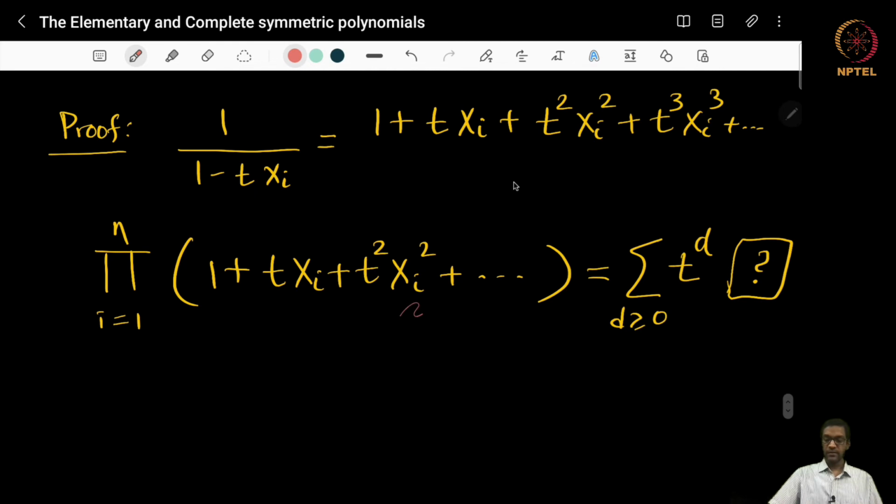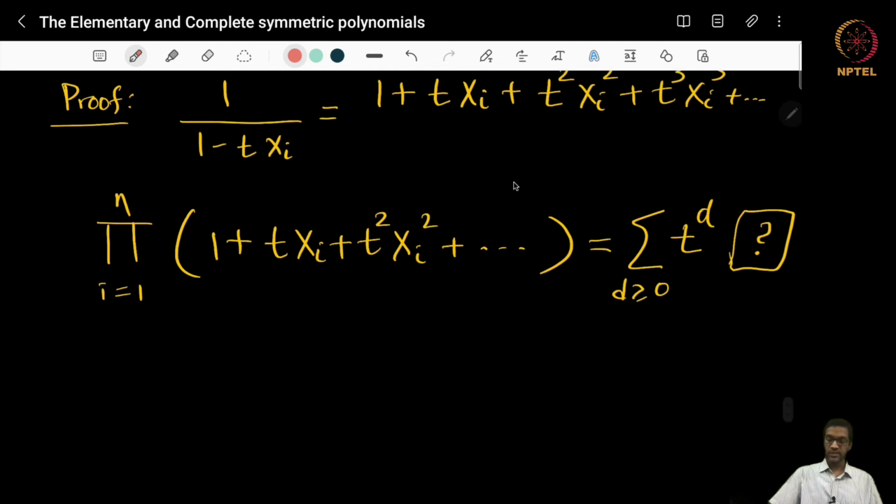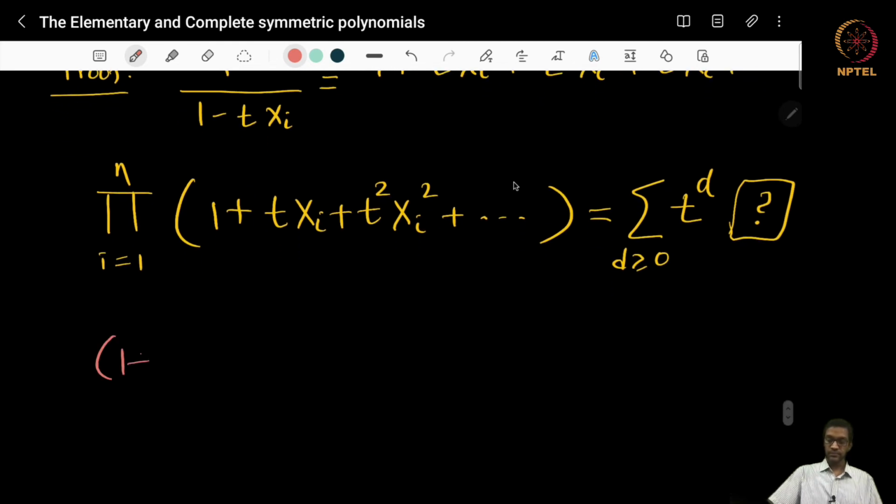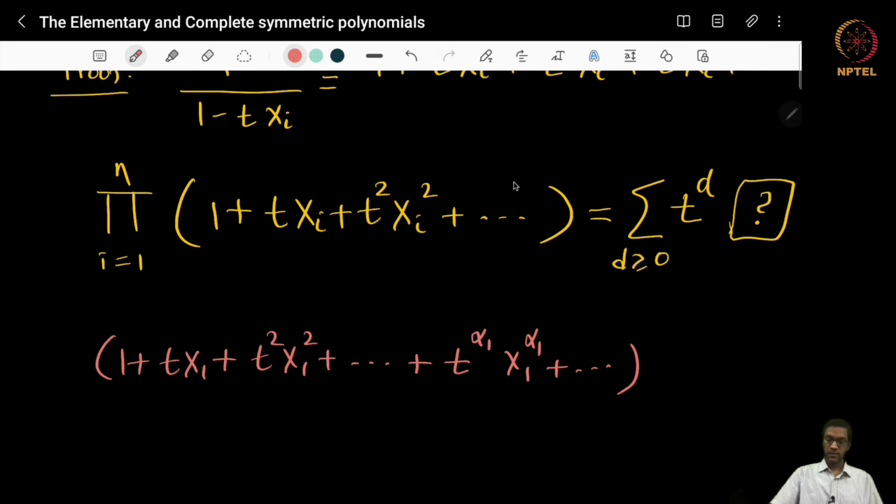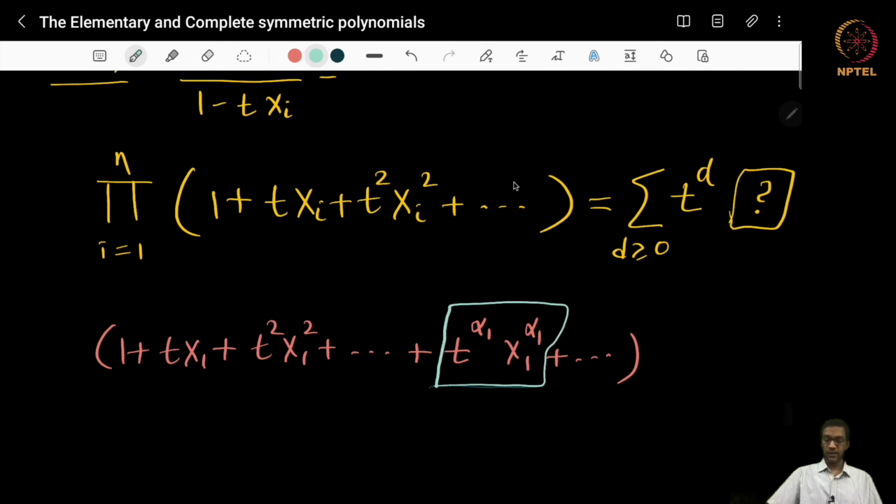From the very first term, here's what I should do. Imagine I had the first term 1 plus t x1 plus t squared x1 squared and so on. From this term, I should pull out some contribution. Let's say I take the term t power alpha 1, x1 power alpha 1 from the first term. So I have chosen this term from the first bracket.